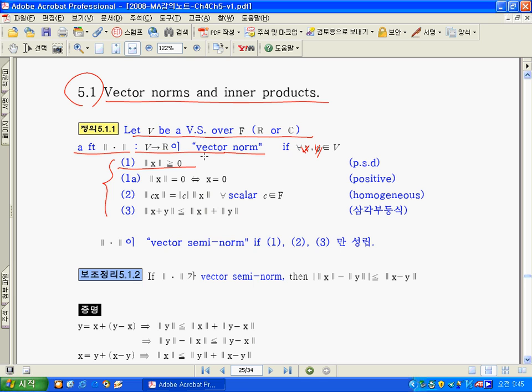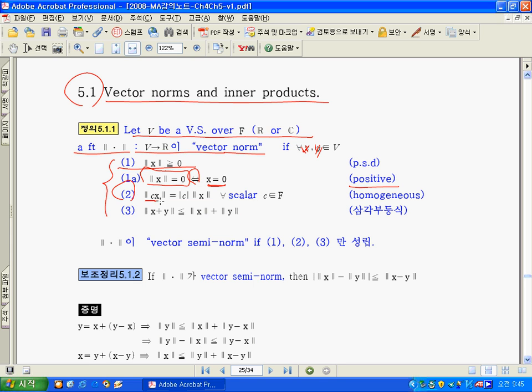The first condition is positive semi-definiteness. The norm of any vector is non-negative. The norm is equal to 0 if and only if the vector is 0. This is called the positivity property.